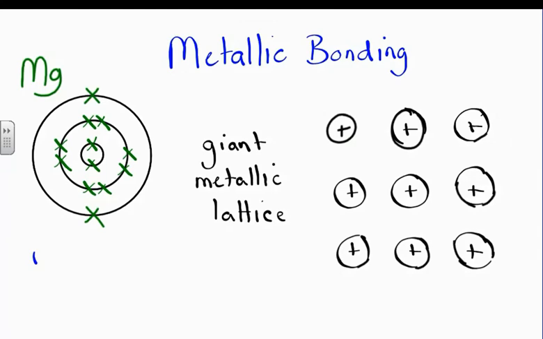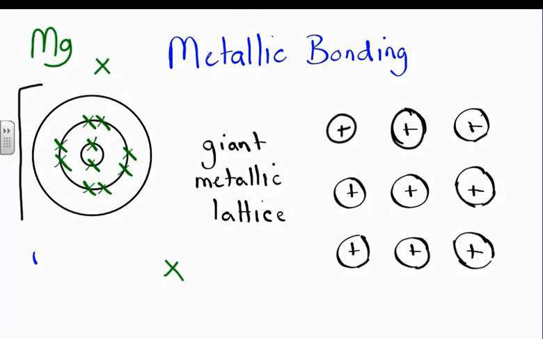So I'm just going to do another example for you. So this time we've got magnesium. So magnesium has 2 electrons in its outer shell that it loses. So this time, rather than having a 1+ charge, our magnesium becomes a 2+ ion.